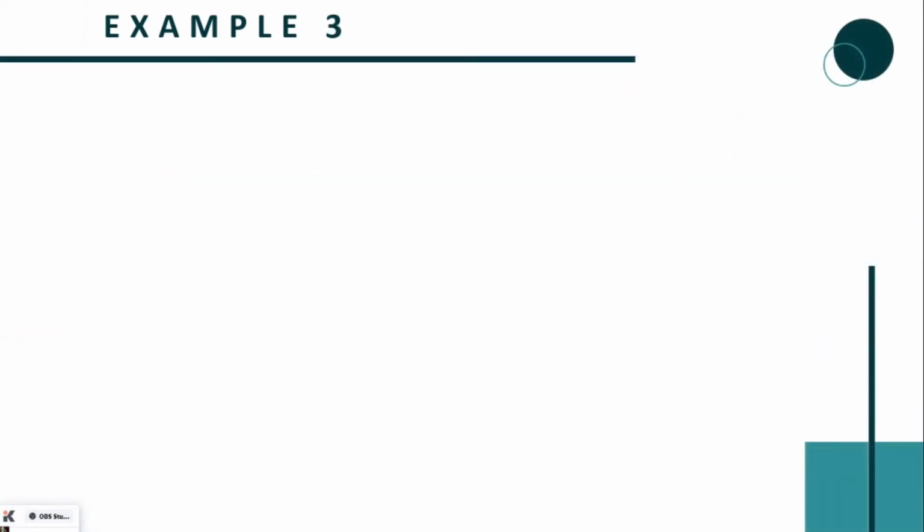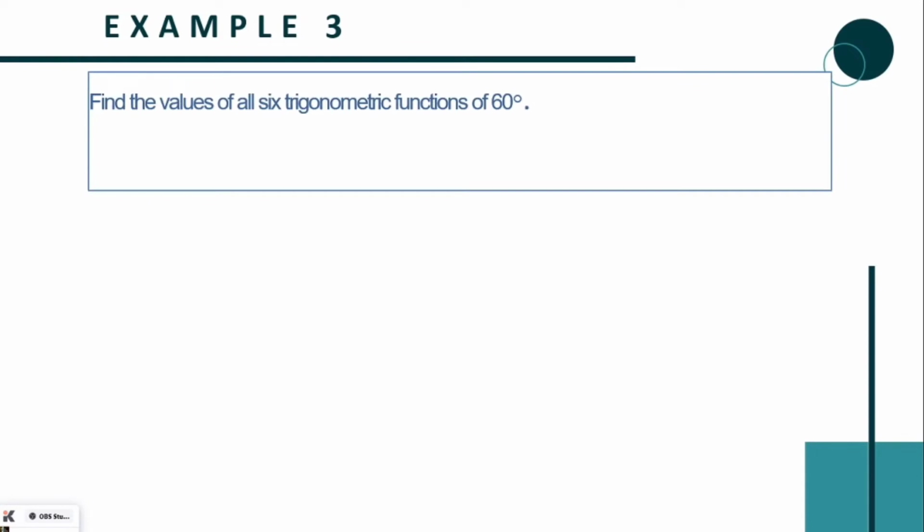Now, let's have example number 3. Find the values of all 6 trigonometric functions of 60 degrees. We can use this figure here. In this figure is a regular polygon, a regular triangle, where all the sides or all the lengths of the sides are equal.